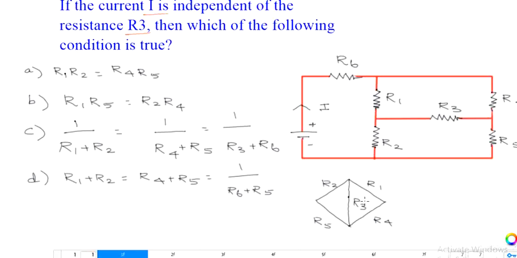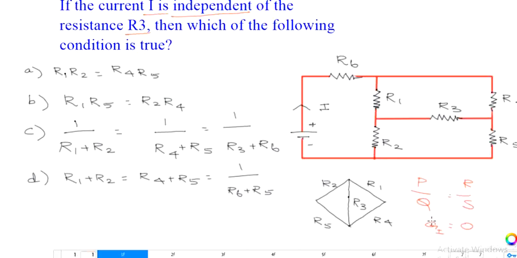They are saying the current I is independent of R3. That means, in the Wheatstone network, the condition for balancing is P by Q equals R by S. When the current in the galvanometer is 0, then only this condition is satisfied. Then it is independent of this.